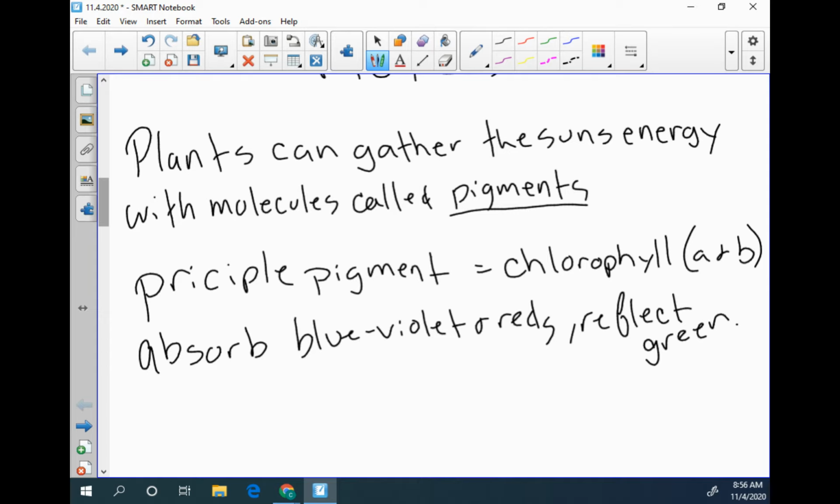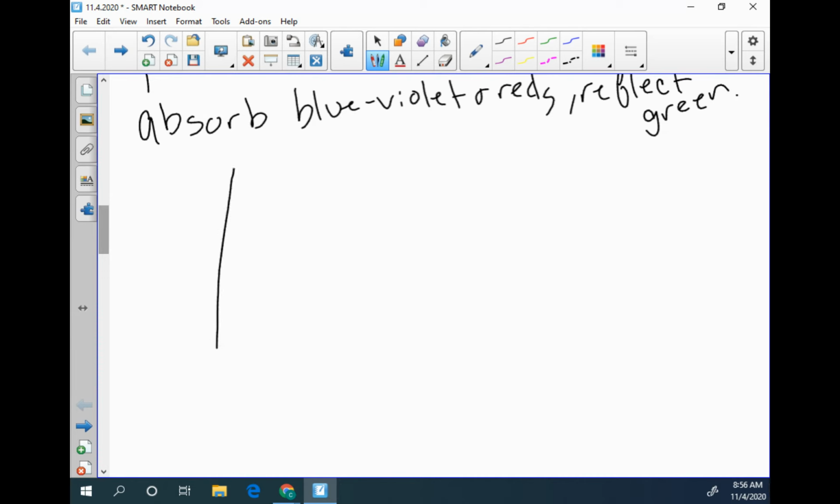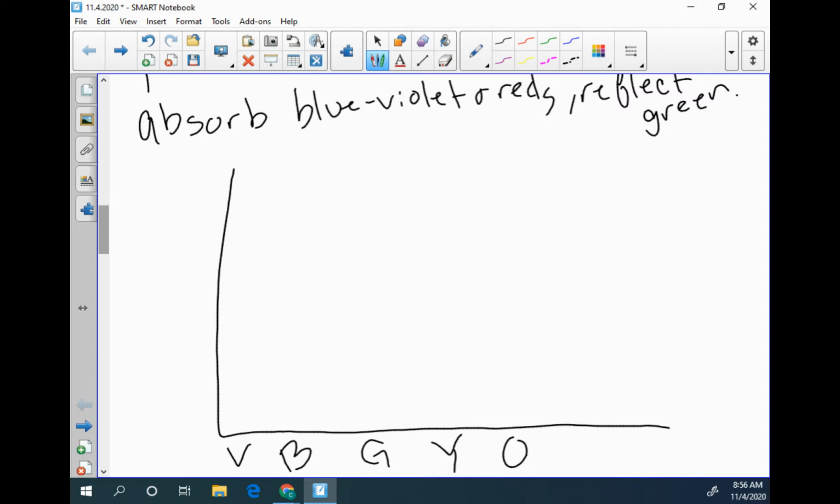So, if you were to look at a graph that measures the colors, so violet, blue, green, yellow, orange, red, and this is the amount absorbed, this is an absorption spectrum. We can measure how well a certain molecule absorbs a certain color.